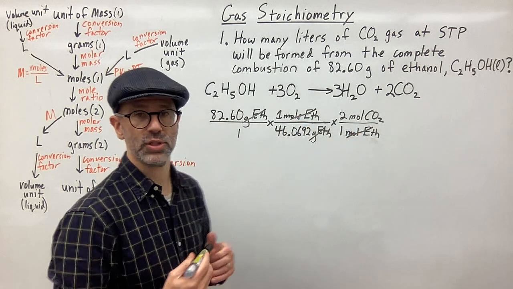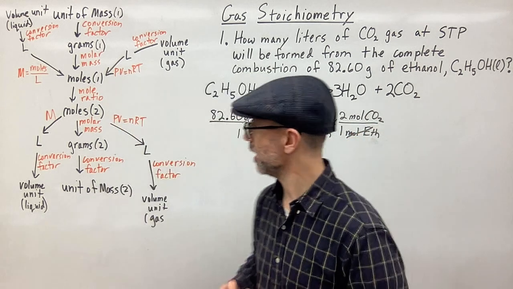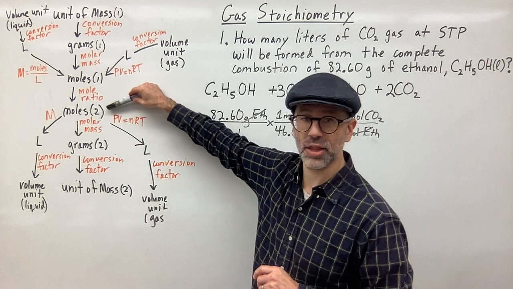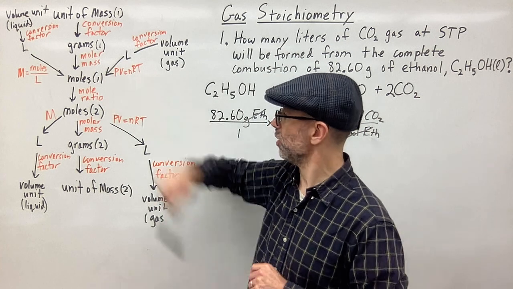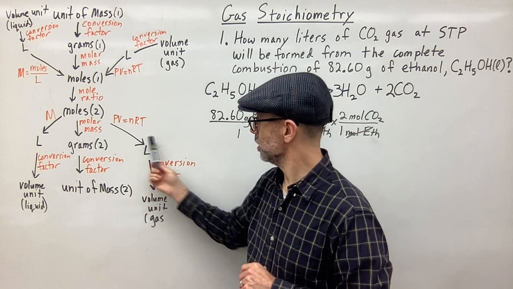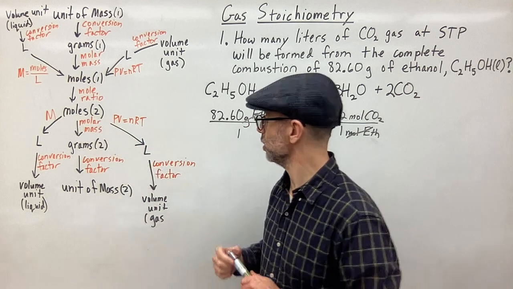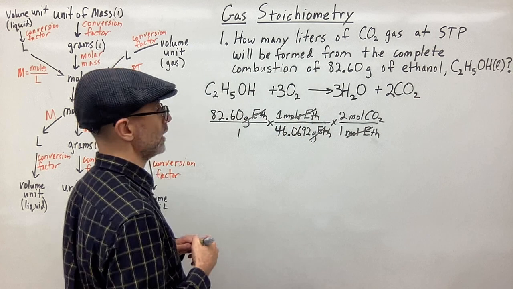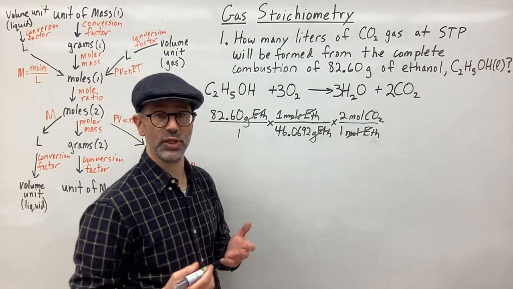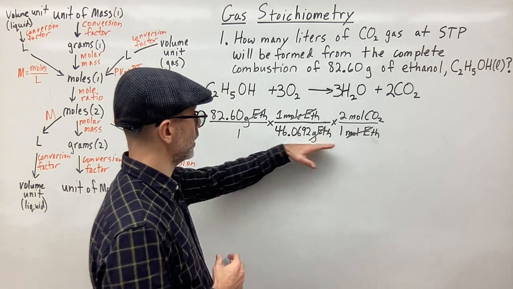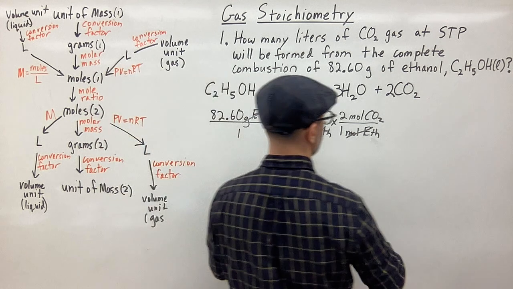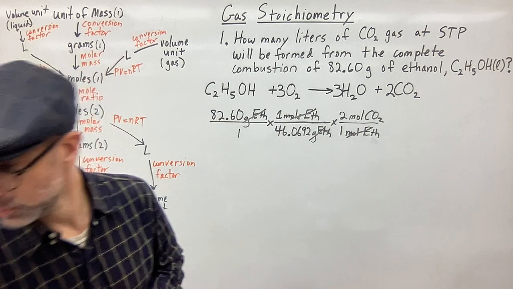Now I have moles of CO2. Where am I? Now I'm here on the roadmap. So now I want liters of this CO2. So I need to convert moles to liters. So I need to use PV equals nRT. So I need to calculate the moles.